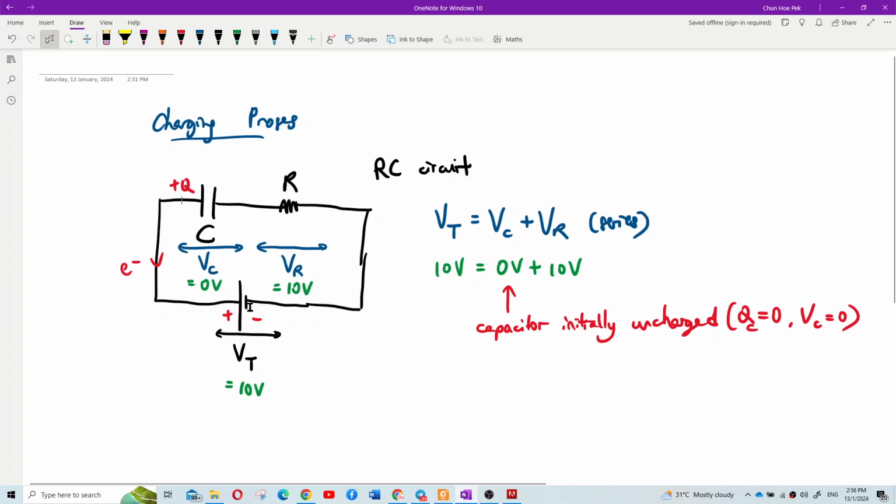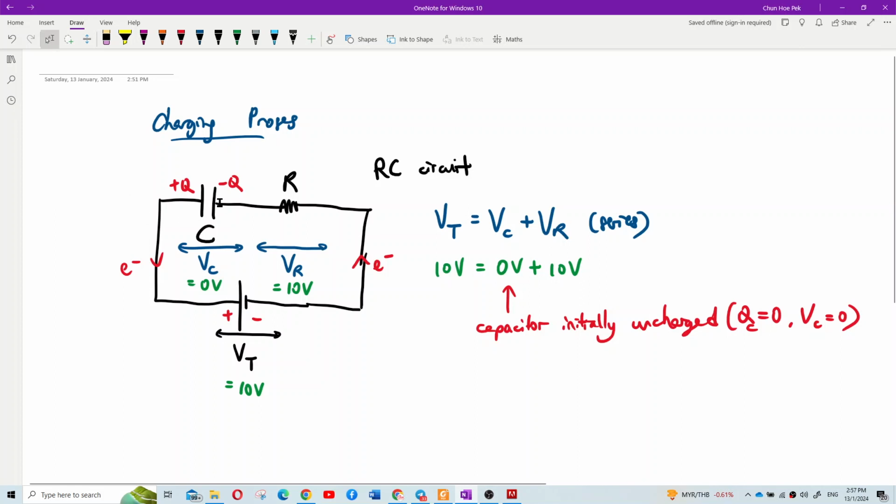So after that, electrons also flow from the negative terminal, across the resistor, and deposit at this plate. So this plate gains electrons from the negative terminal, so it becomes negatively charged. Understand, class?